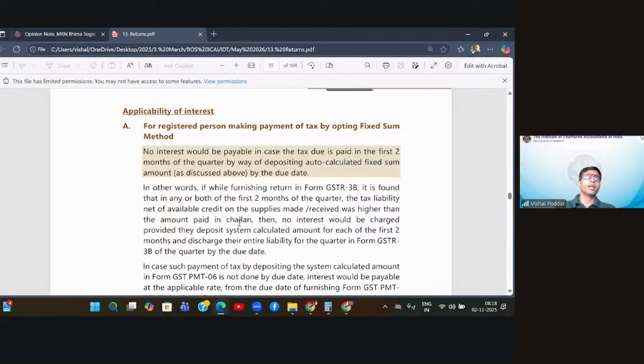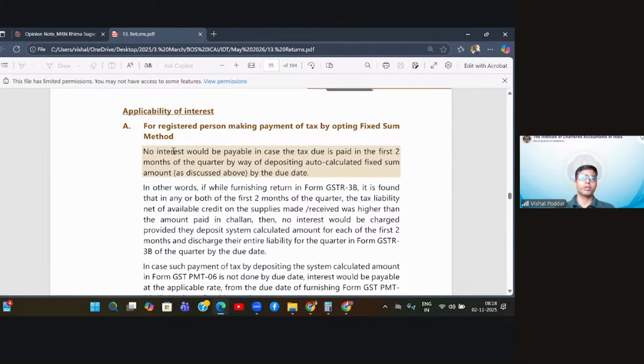Despite the law providing its own mechanism to compute the monthly amount you have to pay in the first and the second month, still they have made a provision for interest. For me, this is something slightly not acceptable. Why? Because I'm following the method given by you. Still, you are asking me to pay the interest. That is where the point would be interesting.